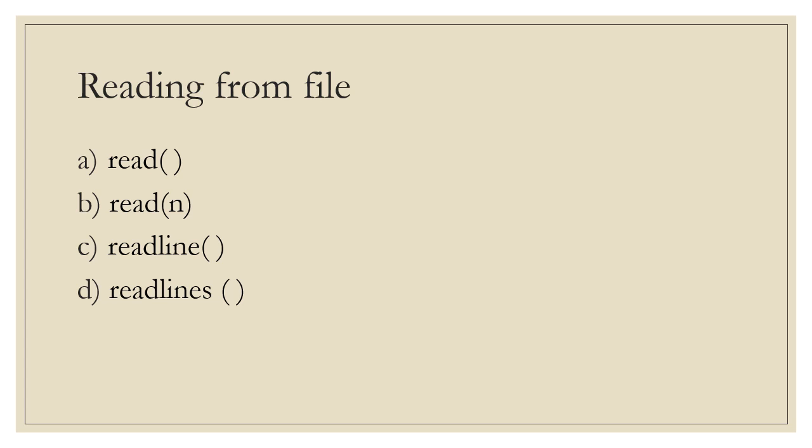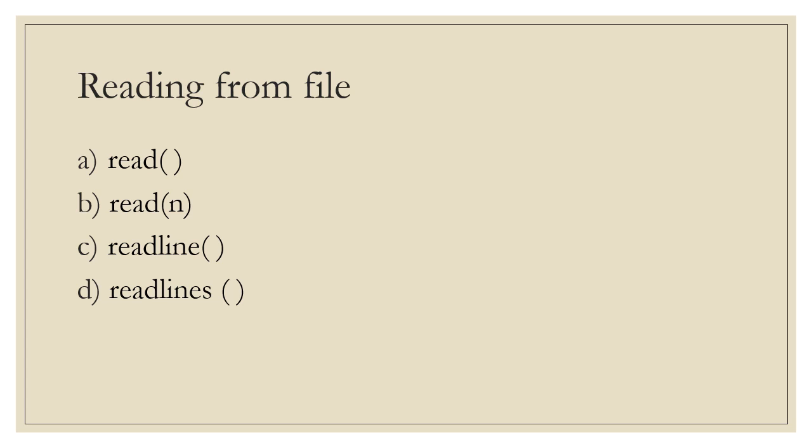So read() is used to read the entire data from the file. It starts reading from the cursor up to the end of the file. read(n) reads n characters from the file starting from the cursor.